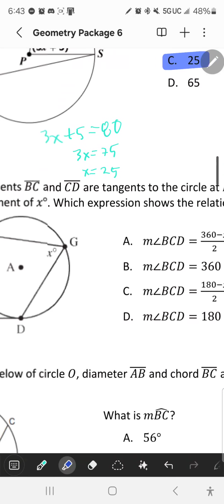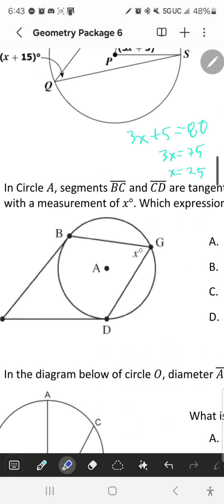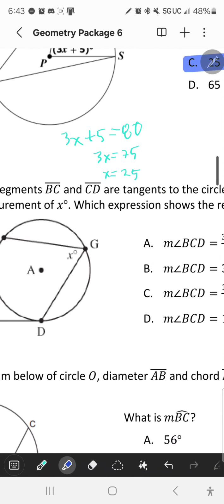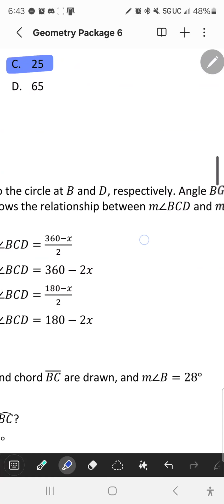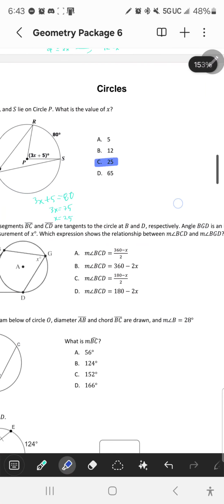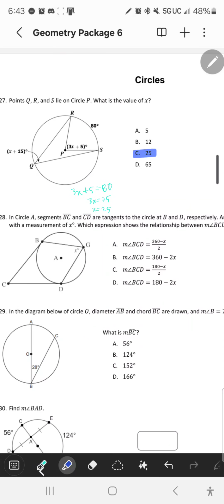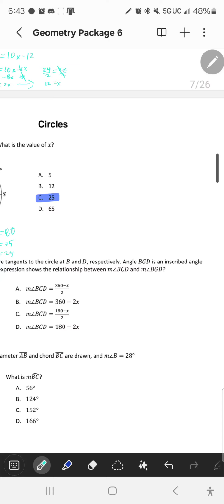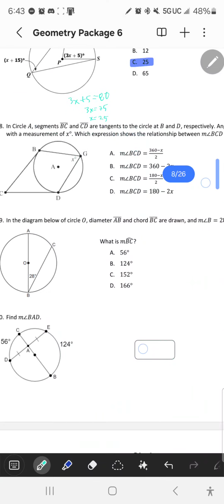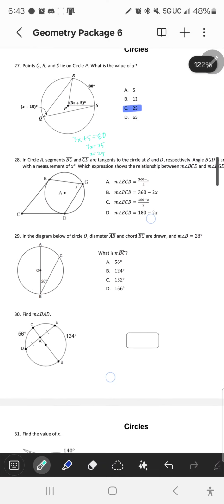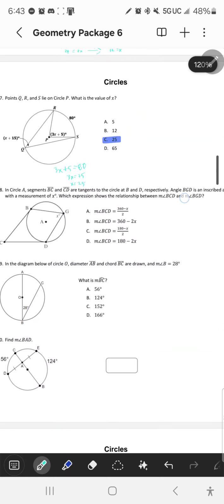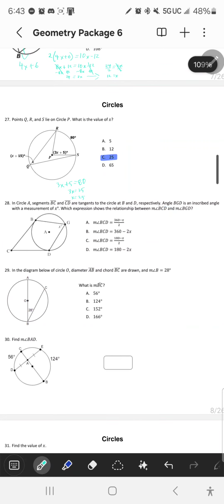It has a measure of x. Which expression shows the relationship between the measure of BCD and the measure of BGD?